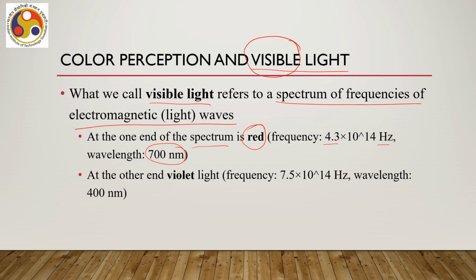At the other end is the violet light with a frequency of 7.5 times 10 to the power 14 Hertz and a wavelength of 400 nanometers. So, at one end we have 4.3 times 10 to the power 14 Hertz light frequency, which is perceived as red color. At the other end we have violet color, 7.5 times 10 to the power 14 Hertz. Wavelength-wise, red has a longer wavelength of 700 nanometers, whereas violet has a shorter wavelength, 400 nanometers.